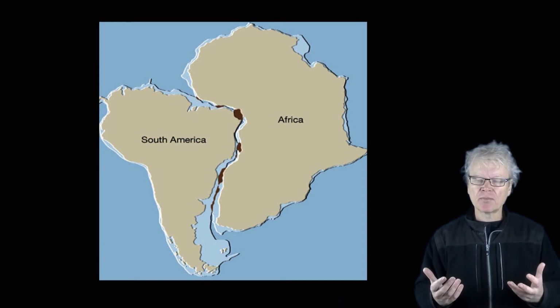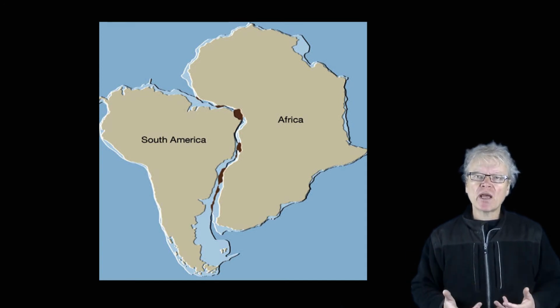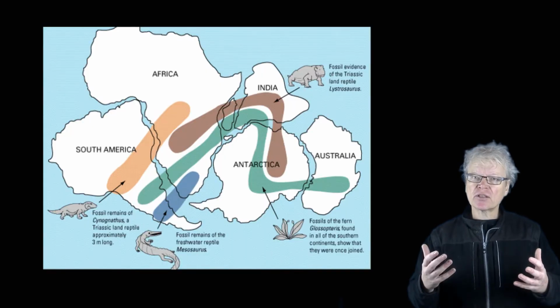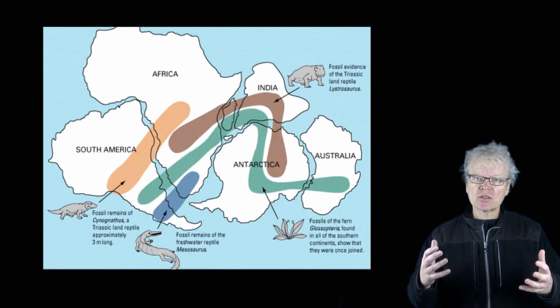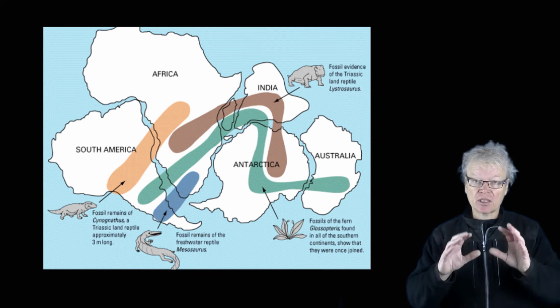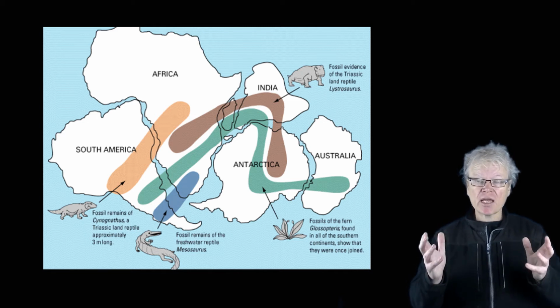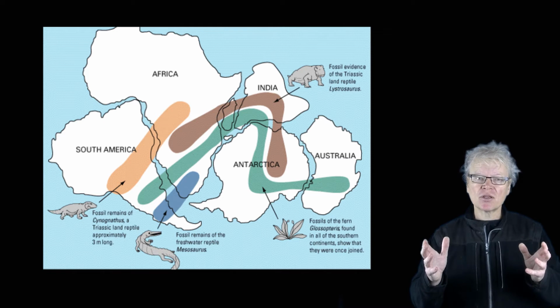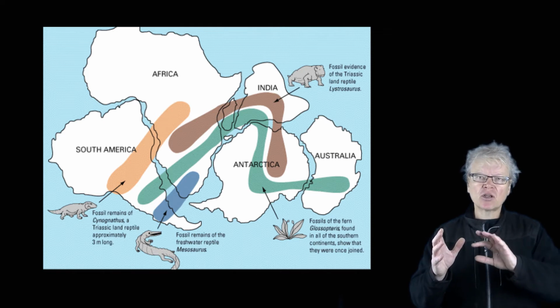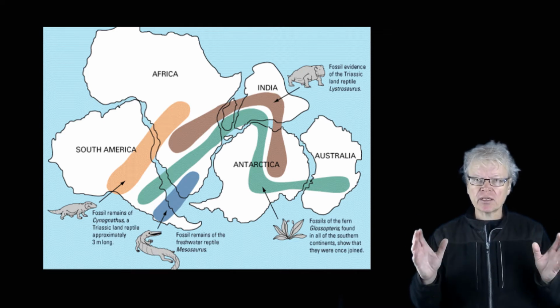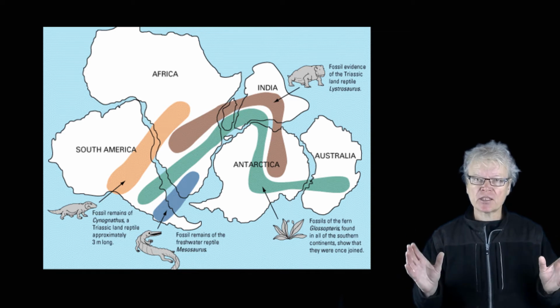quite well. With more and more evidence coming forward, particularly when geologists and paleontologists started to look at the fossil record, they noticed that some fossil types, the same animals and plants, occurred in continents that were presently hundreds or thousands of kilometres apart.